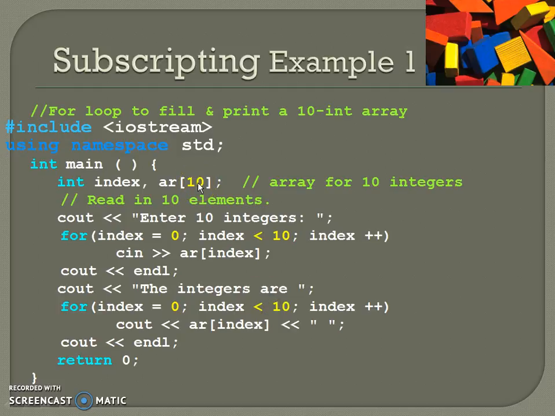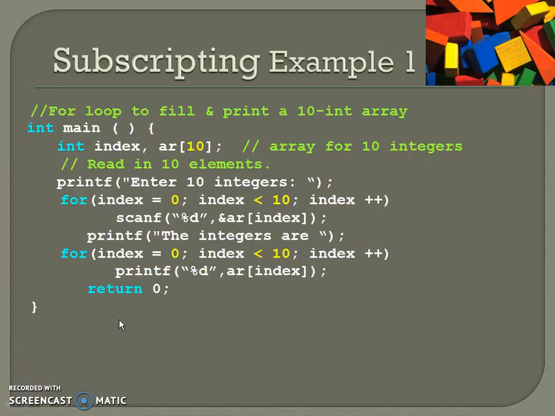Here one example is given. Let us see one example for subscripting. Within the main function we are creating an array of type integer. To represent the index of each element, we are using a variable for the index.